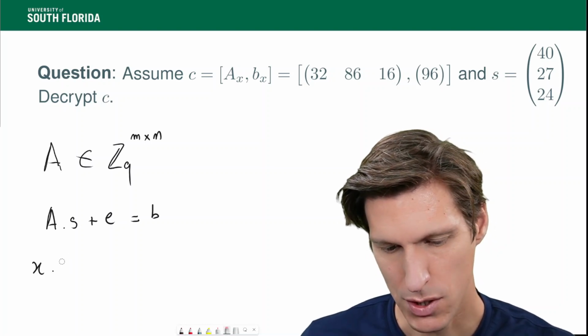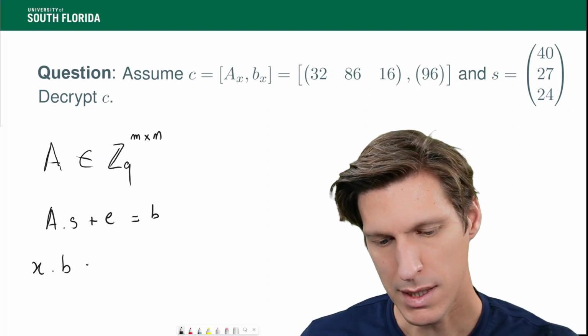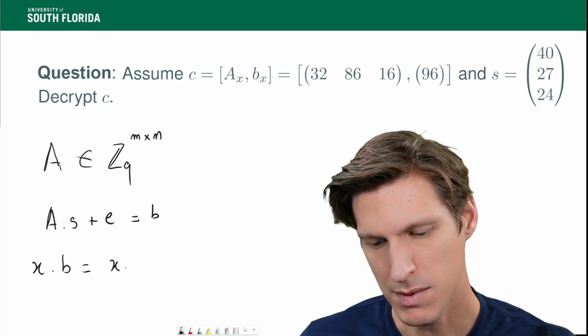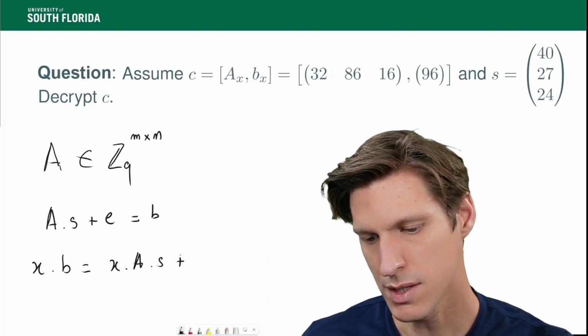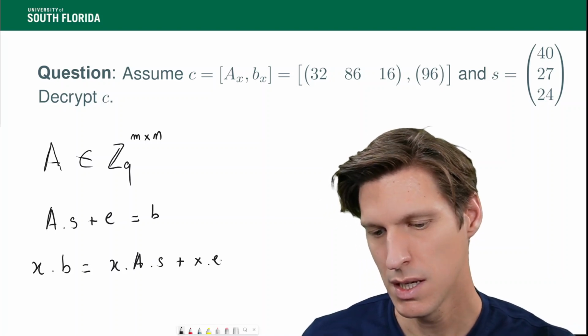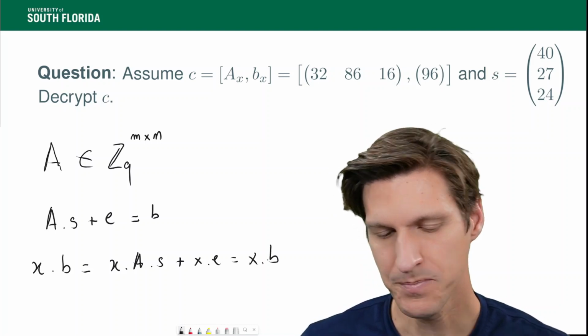You will get X times A times S plus X times E, and that is equal to X times B.